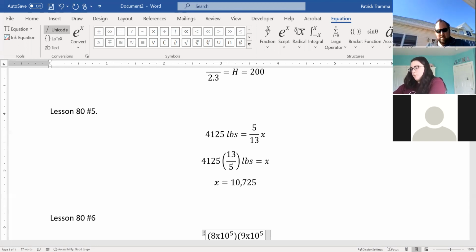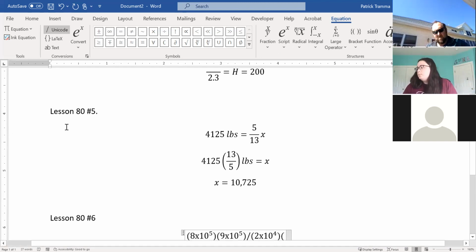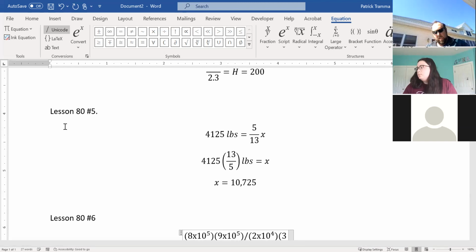And then on the bottom, the first one simplifies to 2 times 10 to the 4th, times 3 times 10 to the 6th.